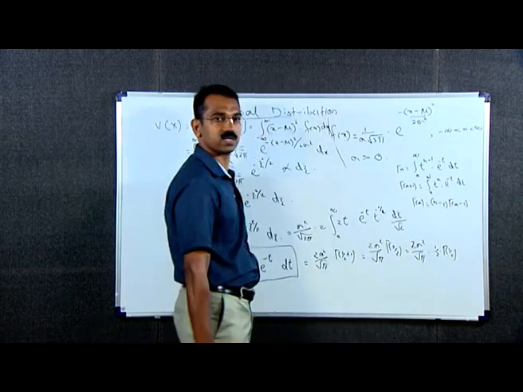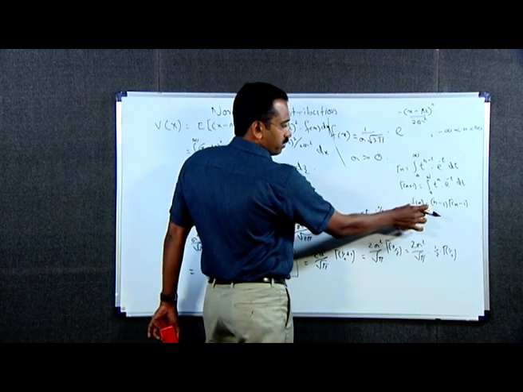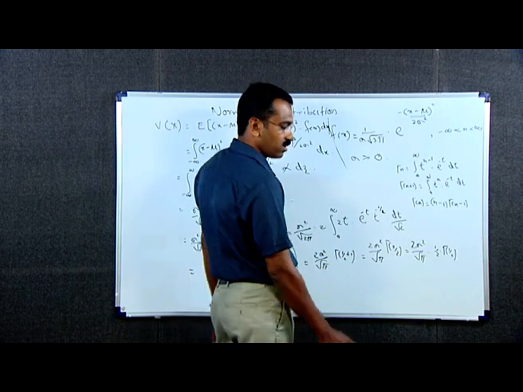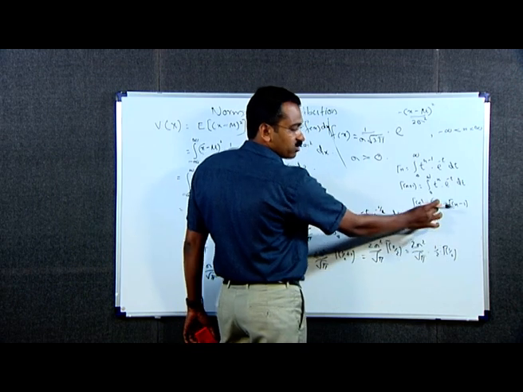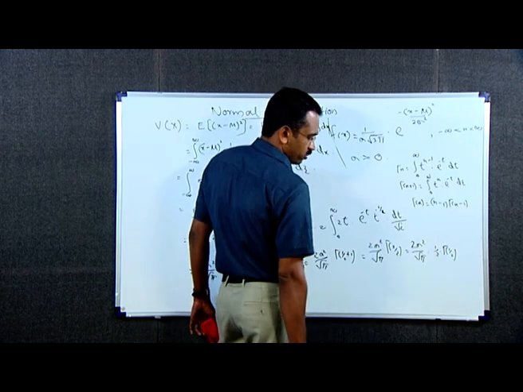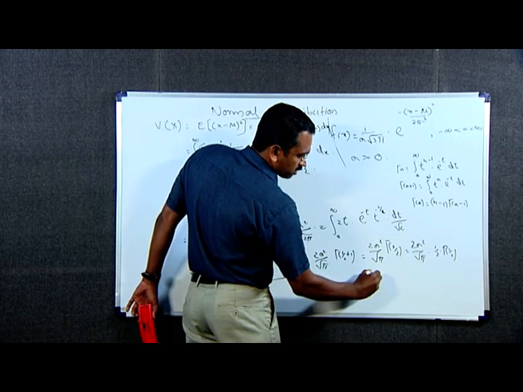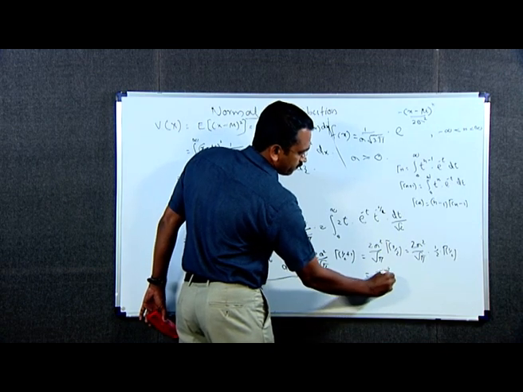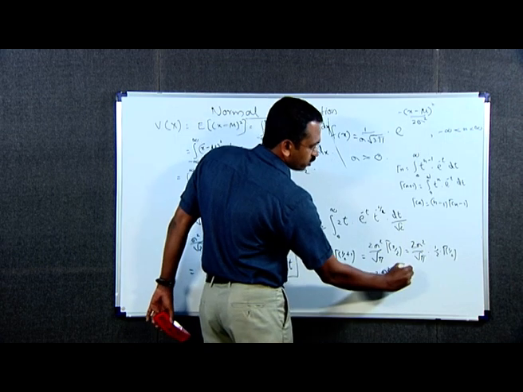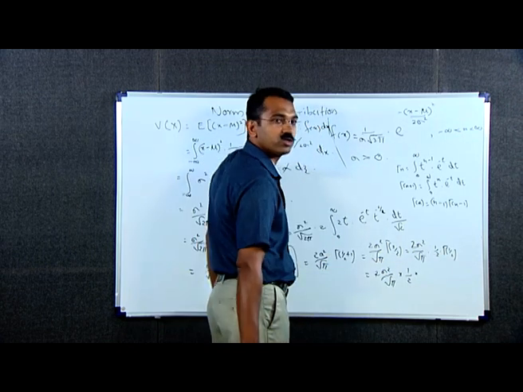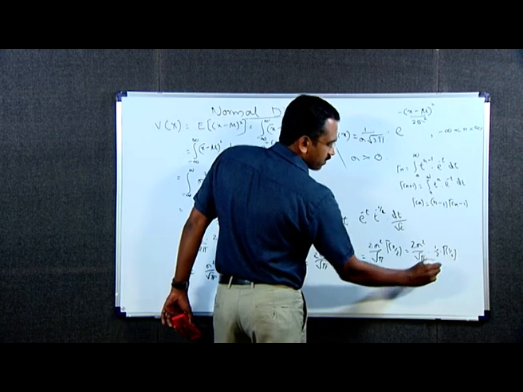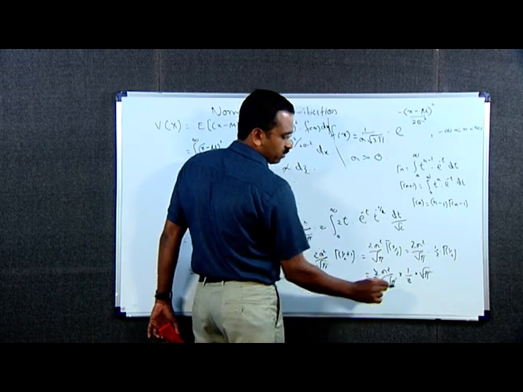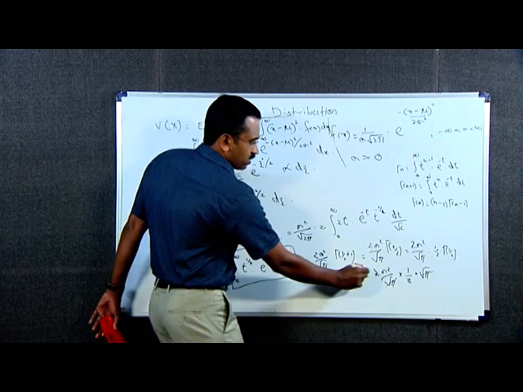Using this recurrence relation on the gamma function, we can write gamma 3 by 2 as 3 by 2 minus 1 into gamma 3 by 2 minus 1. 3 by 2 minus 1 means 1 by 2 into gamma 1 by 2, which is equal to 2 sigma square divided by root pi into 1 by 2 into gamma 1 by 2, which is root of pi, a standard value. For this, 2 and 2 cancelled, root pi and root pi cancelled. That means it is equal to sigma square.